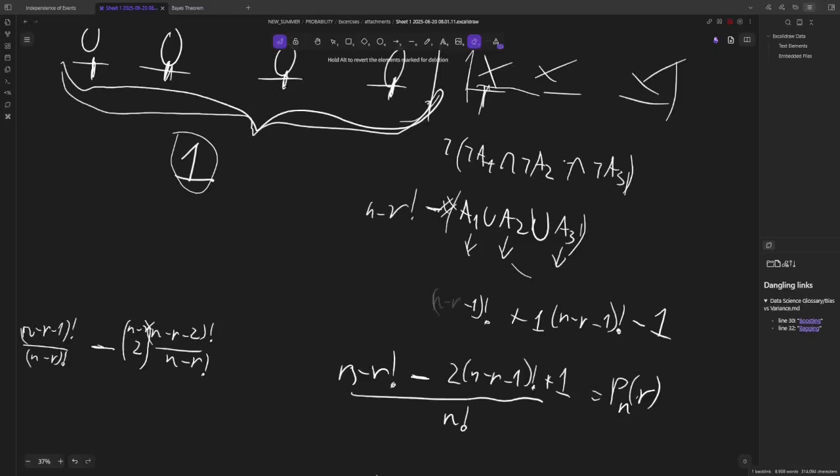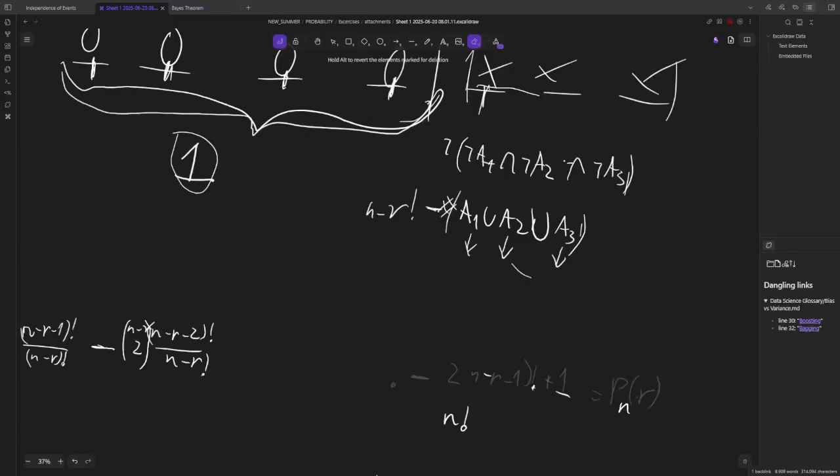I don't exactly know why this is incorrect, but I know why the following reasoning is more correct, which is not the best, but it's better than nothing. Okay, let's delete this.